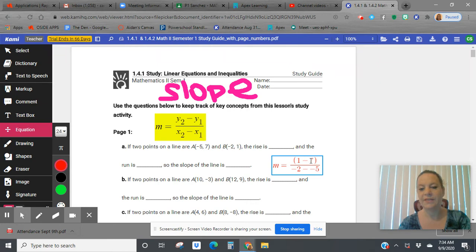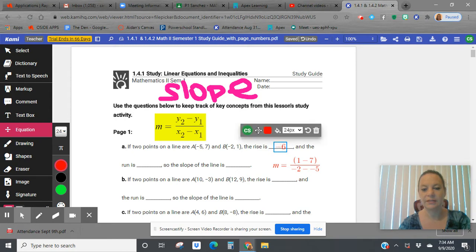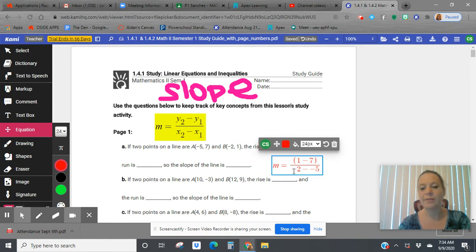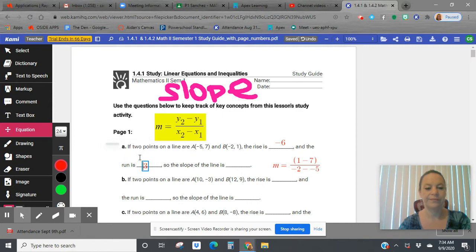So 1 minus 7 on the top would give us a rise of down 6, this top part, because our slope is rise over run. And on the bottom, it would turn into negative 2 plus 5. So our run would be 3. So the slope of the line, negative 6 over 3, would reduce down to negative 2.